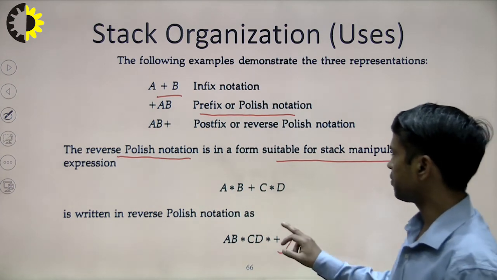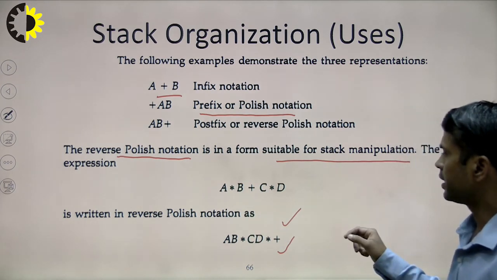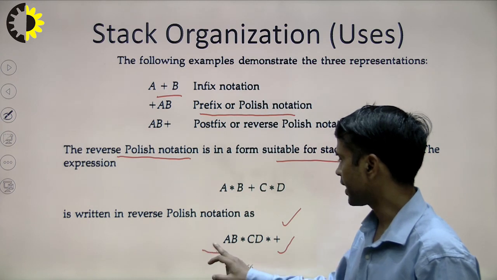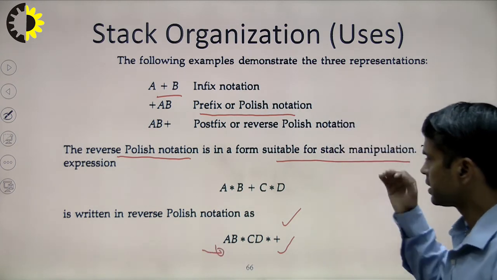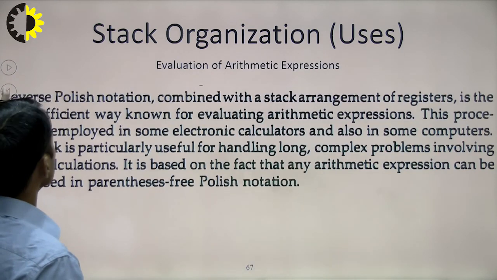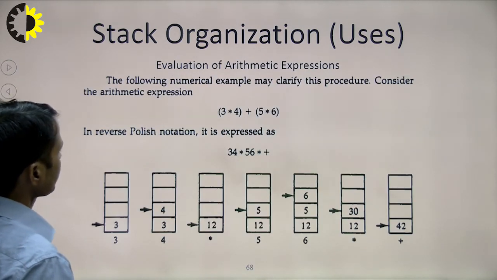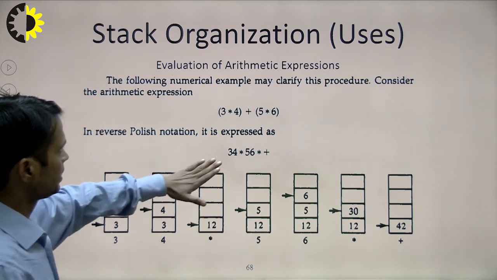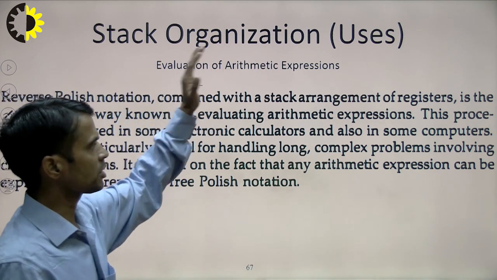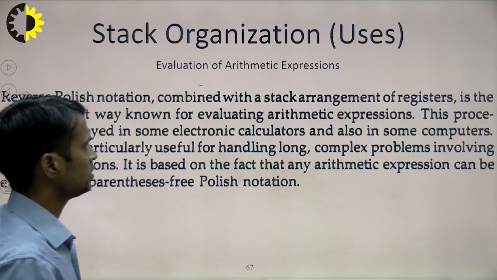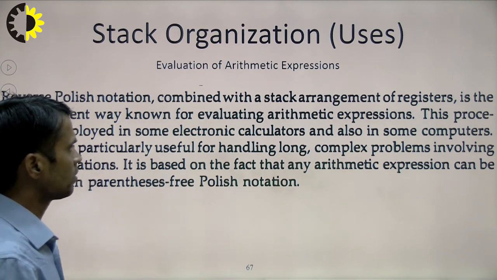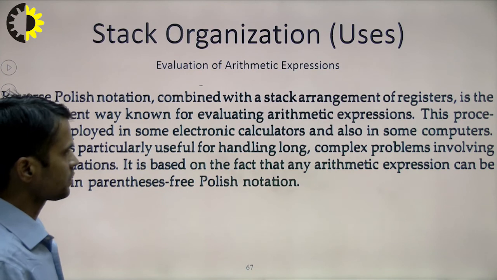When we have this type of representation, we can scan from left to right and put the element into the stack and identify what to perform. Here you can see this with an example. Okay, evaluation of an arithmetic expression is one of the fundamental requirements in a computer to solve a particular expression.